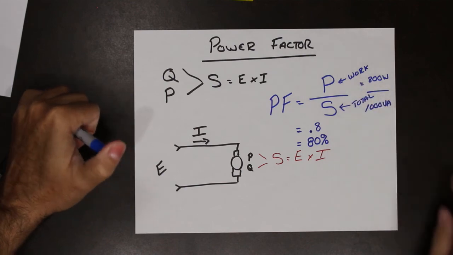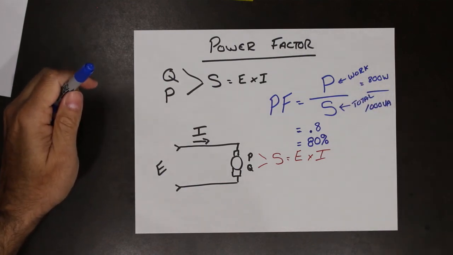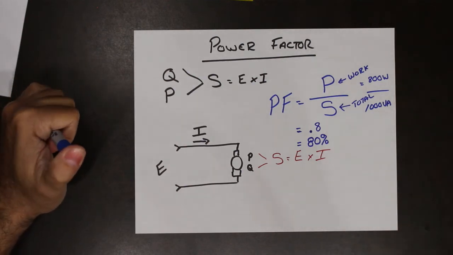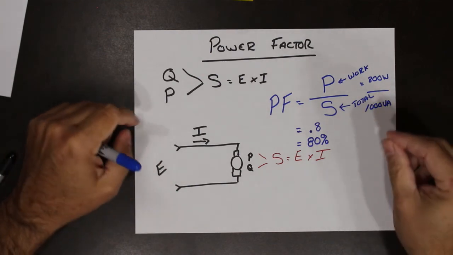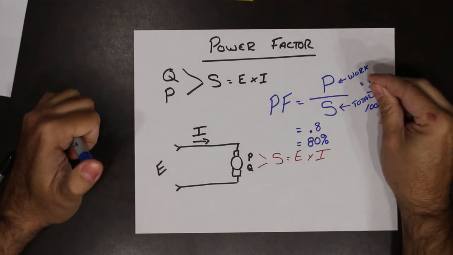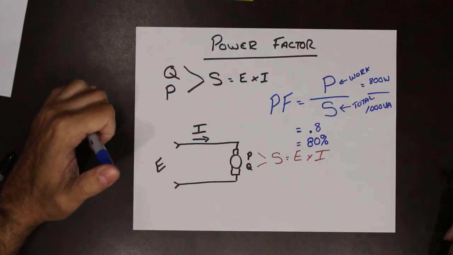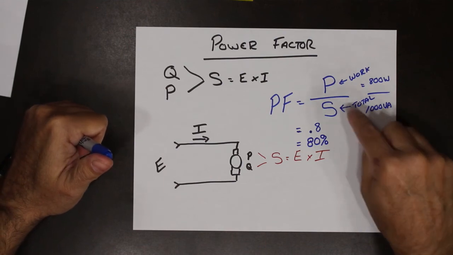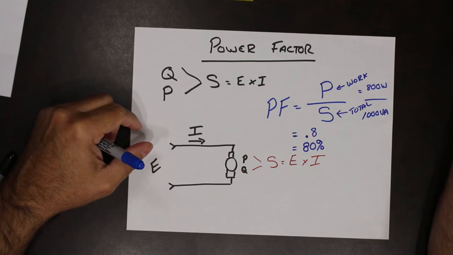So power factor, again, is a ratio of how much energy or power is doing work over how much is actually being sent. So how much of the total is actually doing work for us?